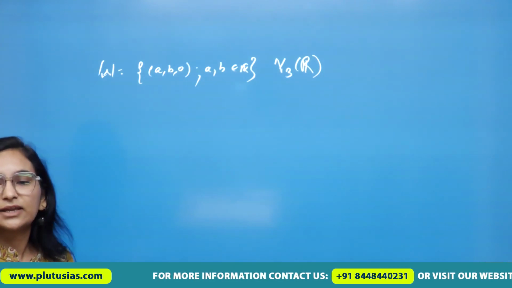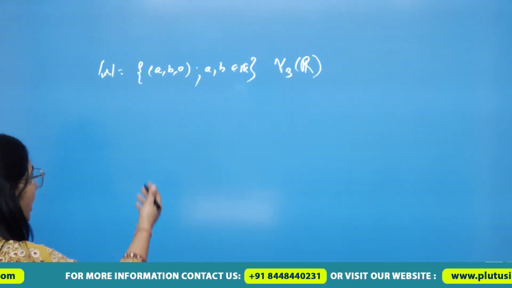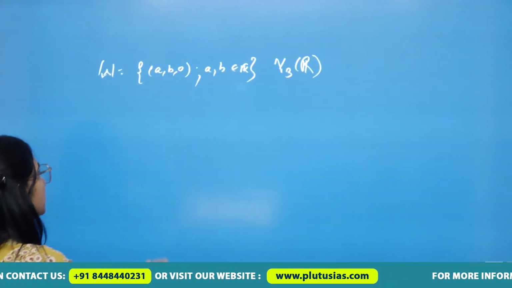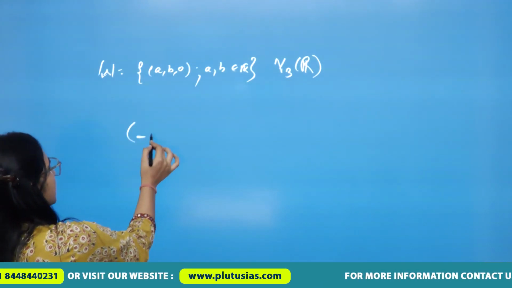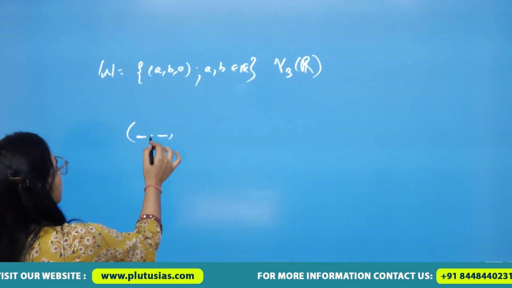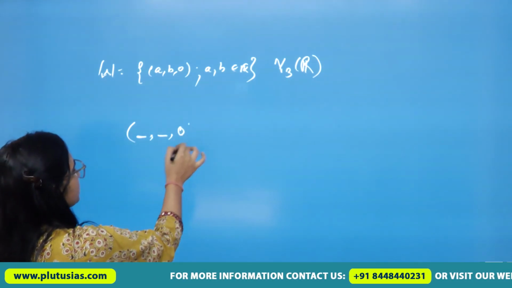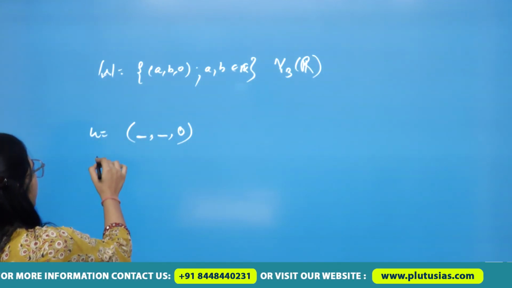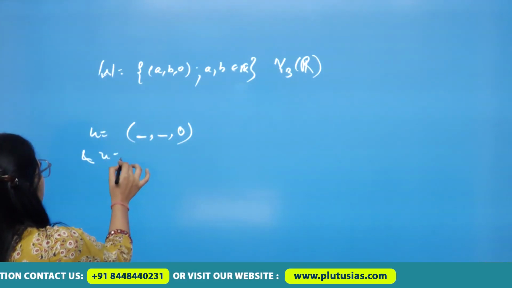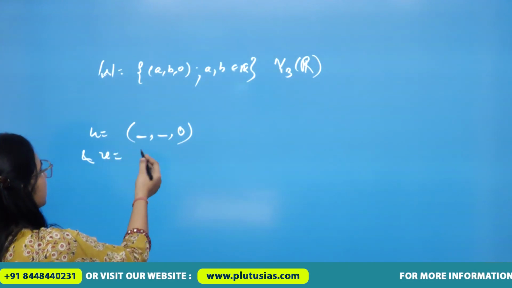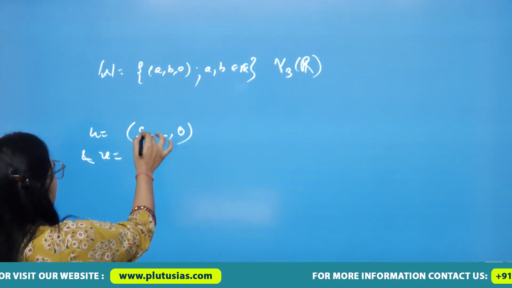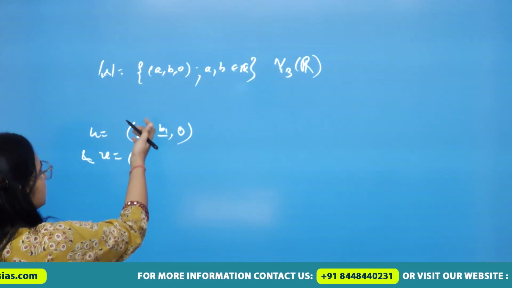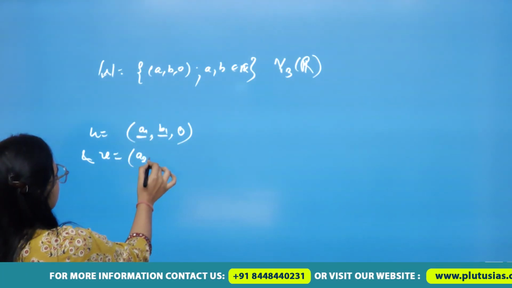If we take 2 elements of W, then how would any element of W look like? It should be any 2 components, and the third component should be equal to 0. So if we take u and v in W, we consider them (a1, b1, 0) and (a2, b2, 0).